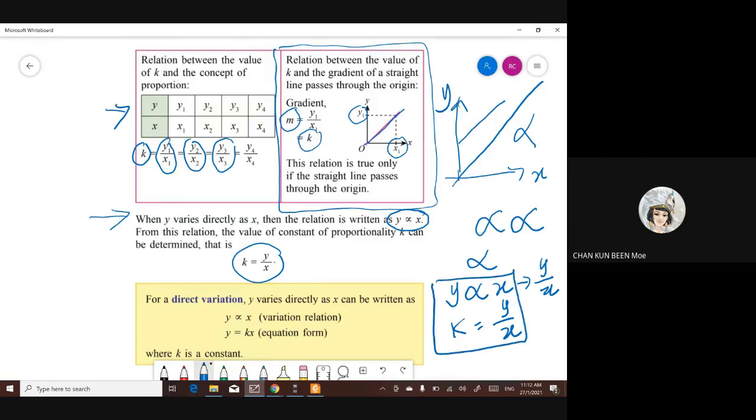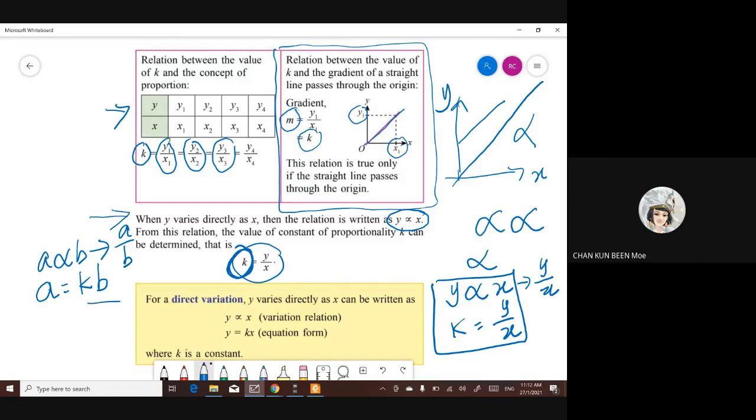Okay, we go to the left. Whenever they give a variable, for example, a varies directly as b. Okay, so you just follow directly a is equal to k times b, because this represents a over b. It is a constant. Can you remember?